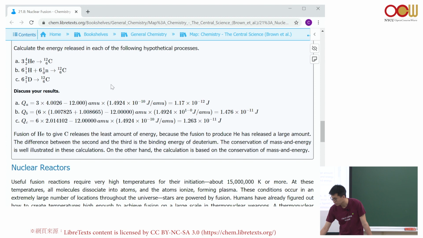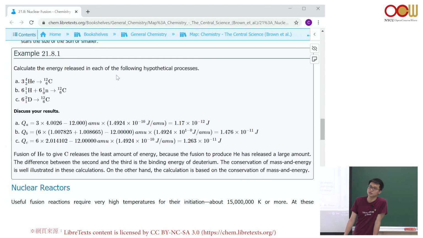And again, we talk about how we convert mass into energy, and there are certain constants that you can derive from E equals mc squared. So for these hypothetical processes, you can easily estimate how much energy can be produced.